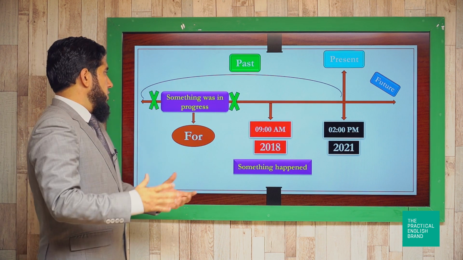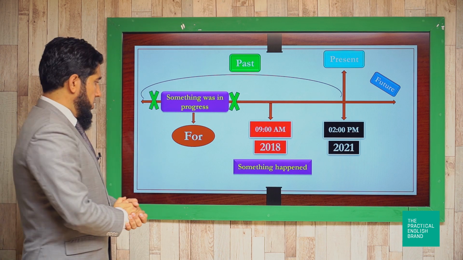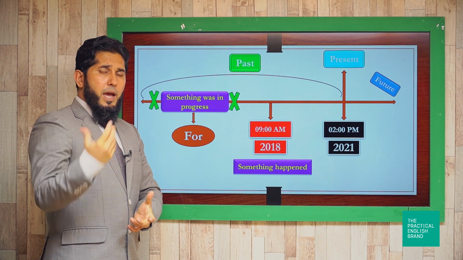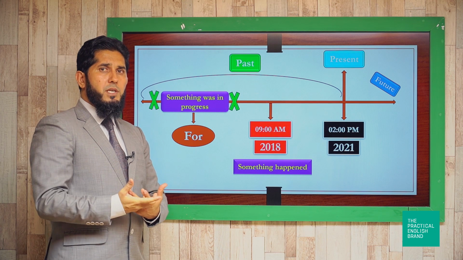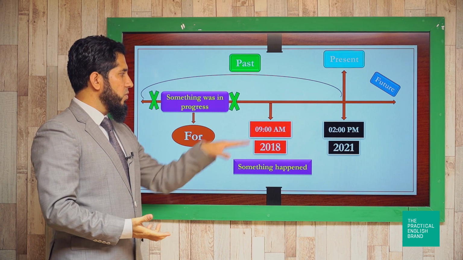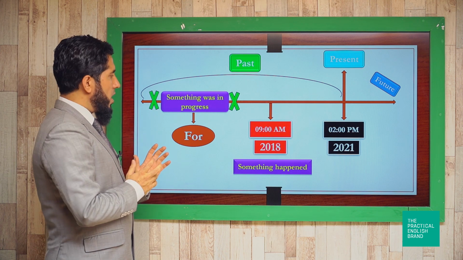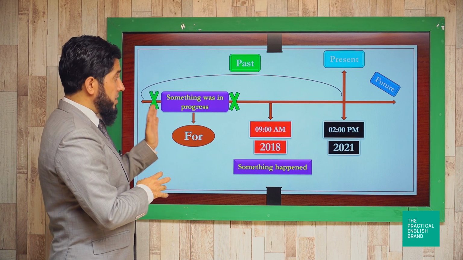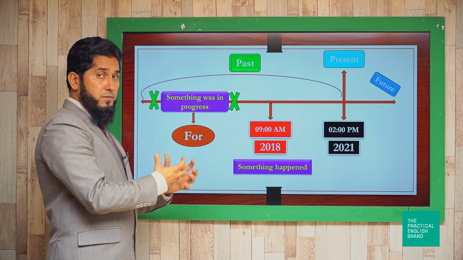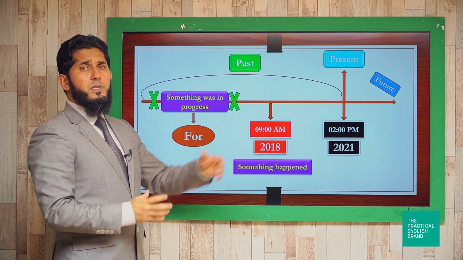So for example, I say they had been drinking tea for 10 minutes before 9 a.m. So the action of drinking tea was in progress for 10 minutes from this time up to this time. There's a duration of 10 minutes before a specific time in the past.